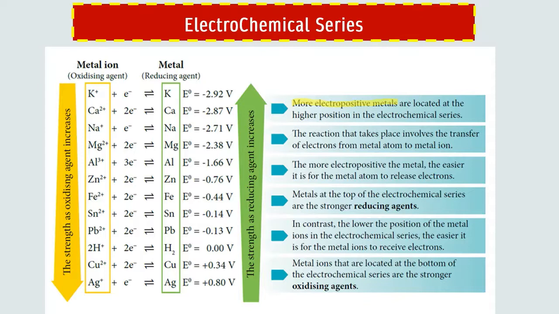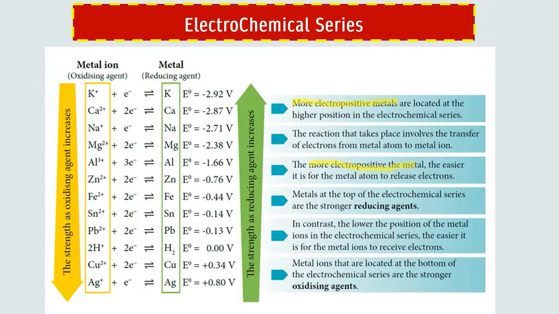The more electropositive the metal, the easier it is for the metal atom to release electrons. The higher the position, the easier for the metal atom to release electrons.